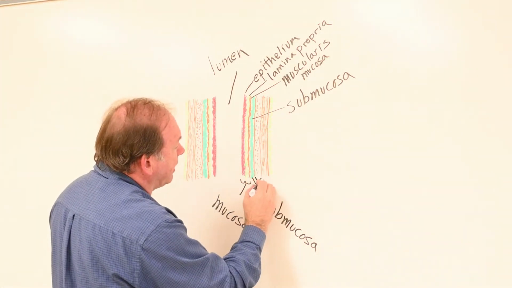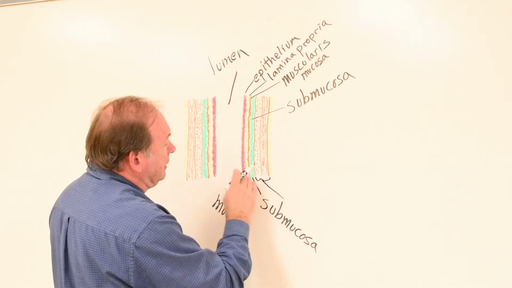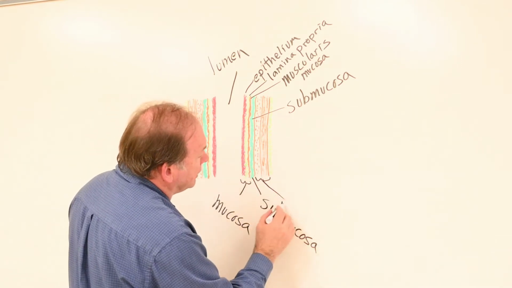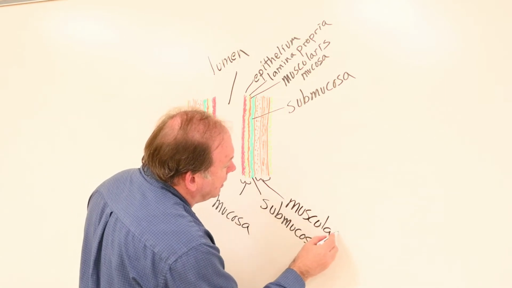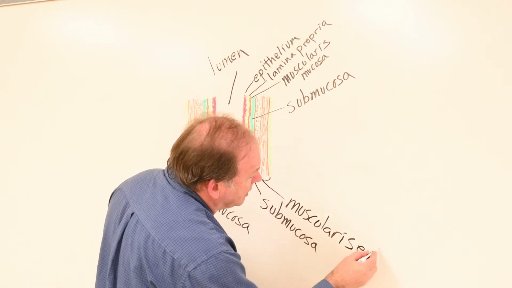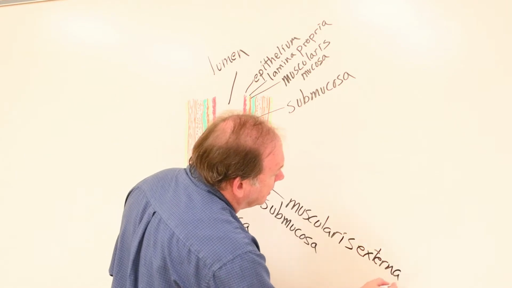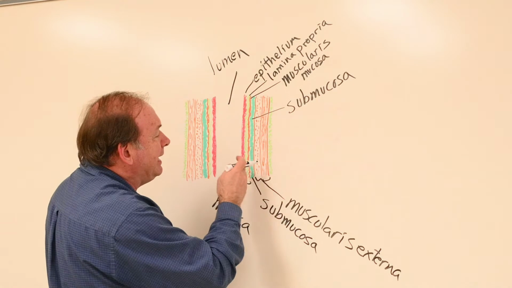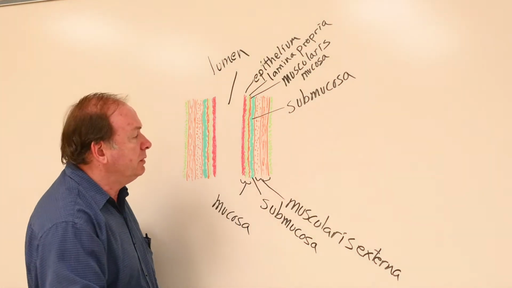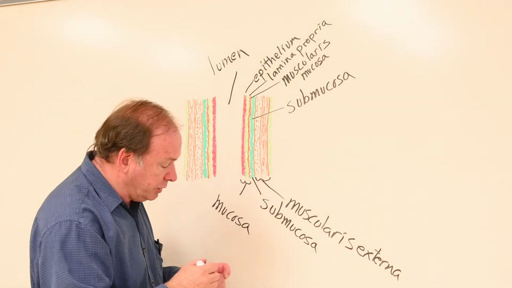The next layer out, the third layer here, is called the muscularis externa. Muscularis externa. And it has 2 different layers of smooth muscle. Well, 2 layers of muscle, I should say.